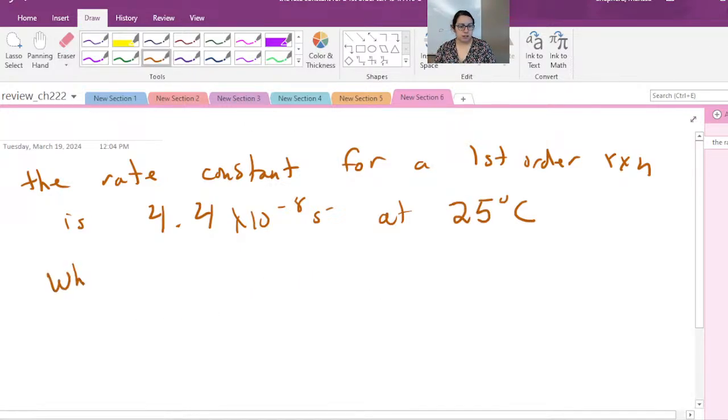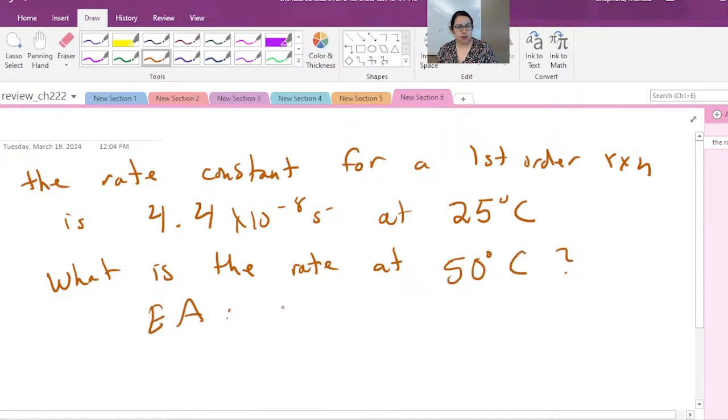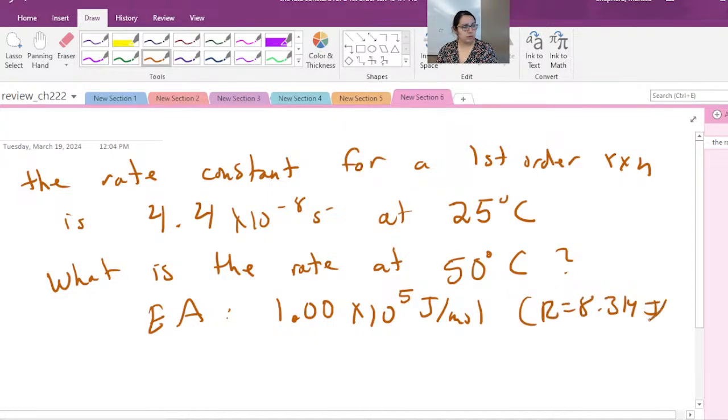And so what is the rate constant then at 50 degrees Celsius? And we are also given that the activation energy is 1.00 times 10 to the 5th joules per mole. And what formula do you need?